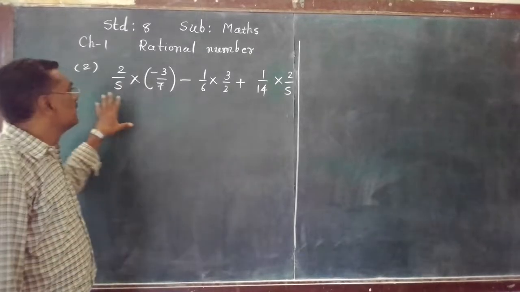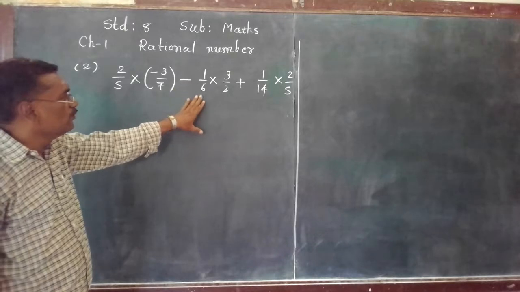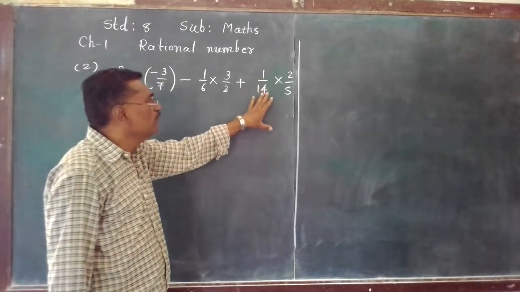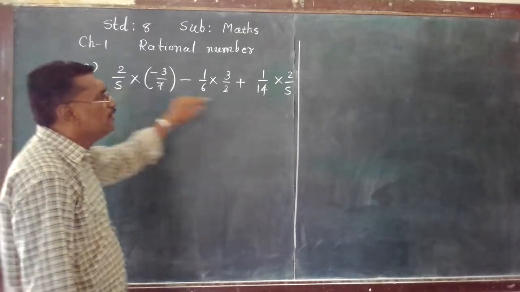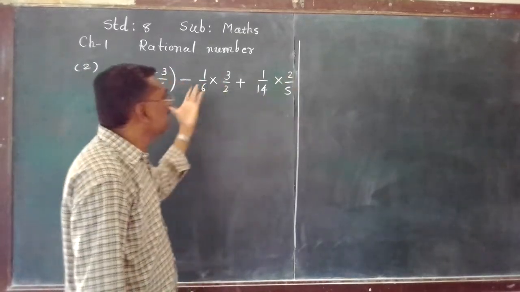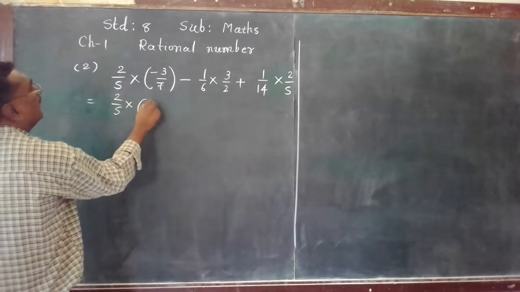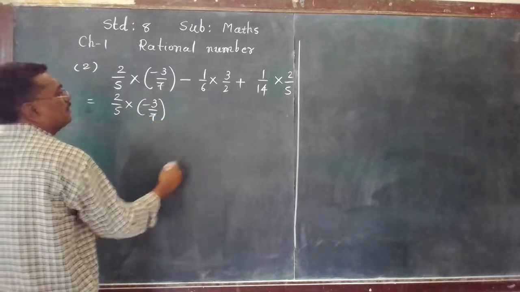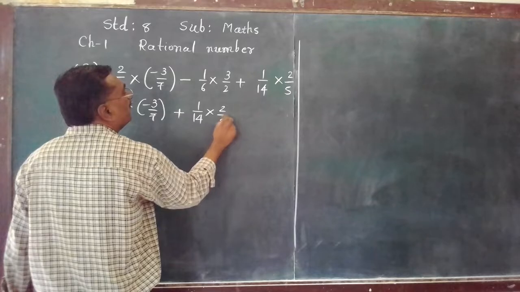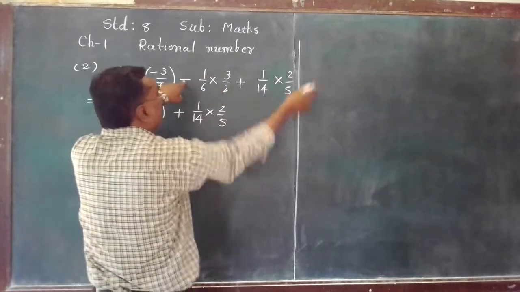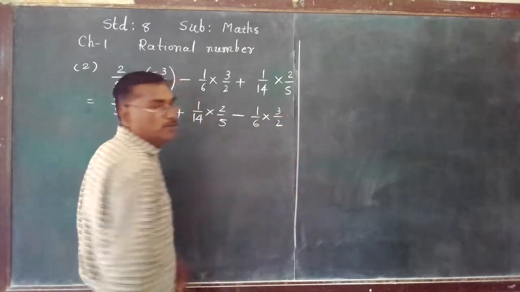Okay, now the second example. 2 upon 5 multiply minus 3 upon 7 minus 1 upon 6 multiply 3 upon 2 plus 1 upon 14 multiply 2 upon 5. Now we can see here is the 2 upon 5 and here is the 2 upon 5. So arrange these terms: 2 upon 5 multiply minus 3 upon 7 plus 1 upon 14 multiply 2 upon 5. And this term we can write in the last now, 1 upon 6 multiply 3 upon 2.